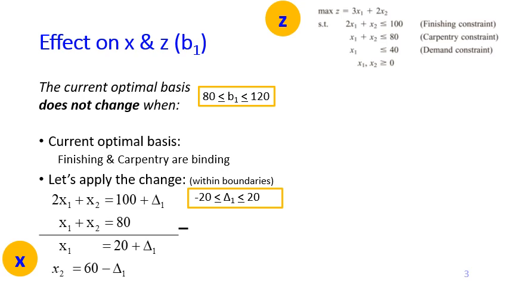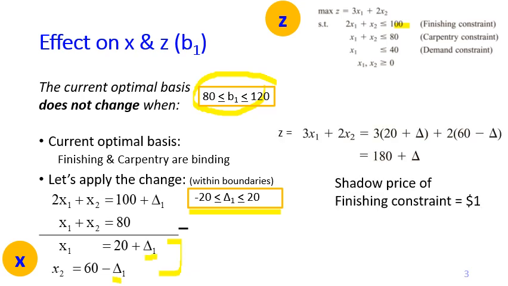Let's see a more concrete example from the Dakota problem. So we know the change for b1, the finishing constraint, as long as it's in this range, then the current basis remains optimal. And then here's the value of x1, x2 with respect to the change of the first constraint. If we calculate the z, we see that z equals 180 plus delta.